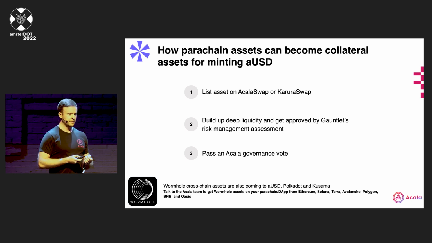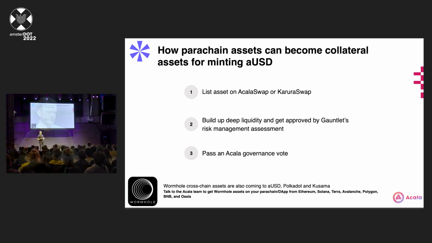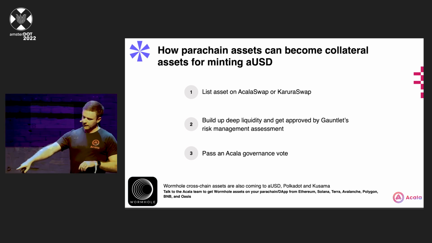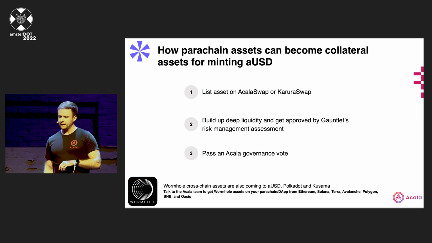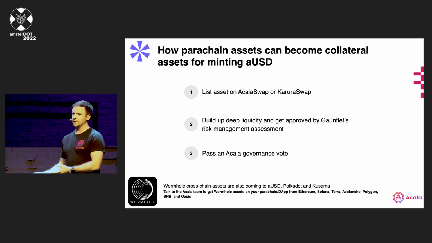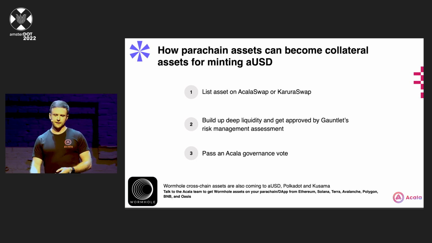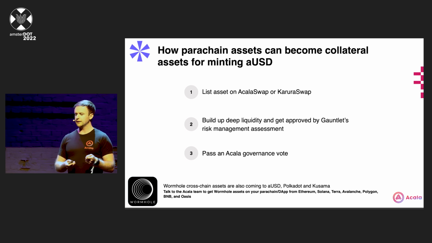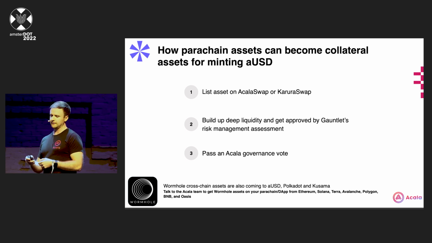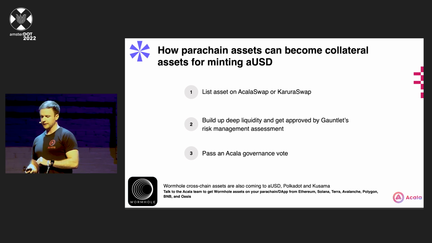One thing to mention too, the Wormhole bridge is coming to Karura very, very soon. I'm really excited about this. It connects Karura, and then soon Acala, to all seven of these layer 1s. So there's going to be a ton of cross-chain assets coming into Karura and Acala. These can also become collateral assets once they pass the same 1, 2, 3 steps right here.